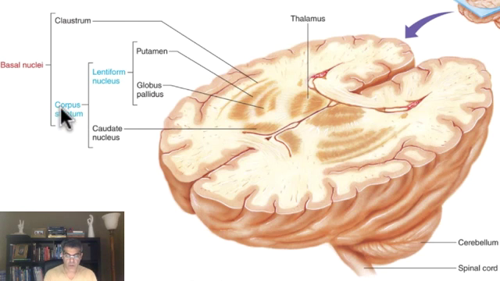Do not mix up corpus striatum with striatum. Striatum is only putamen and caudate nucleus. But corpus striatum is all three: globus pallidus, putamen, and caudate nucleus. Anatomically, your basal ganglia is composed of claustrum, putamen, globus pallidus, and caudate nucleus.